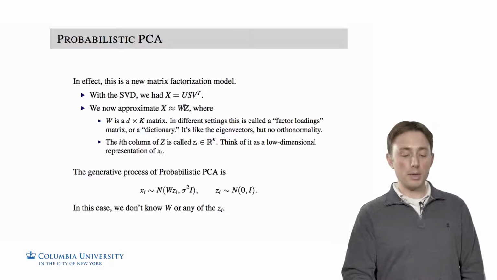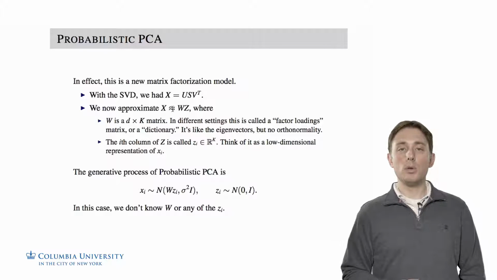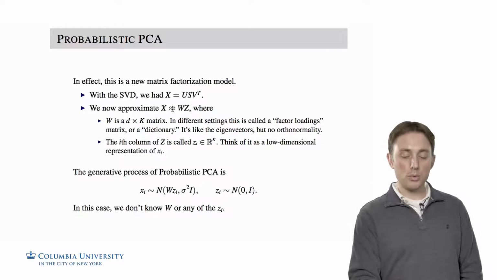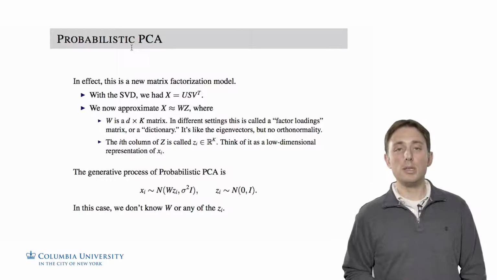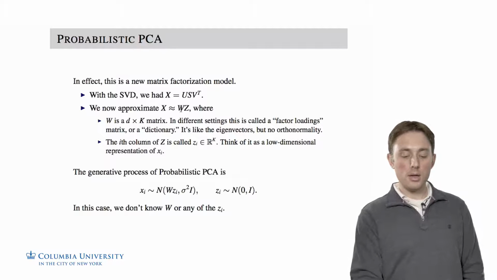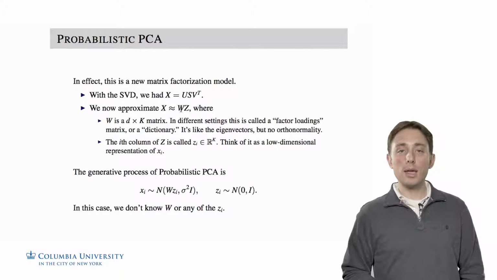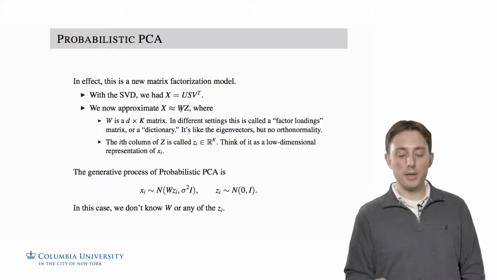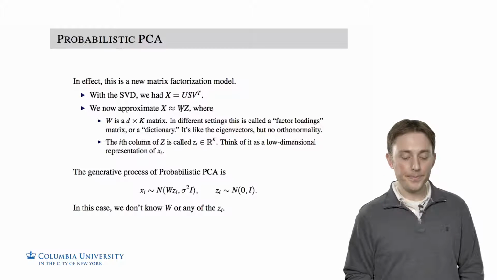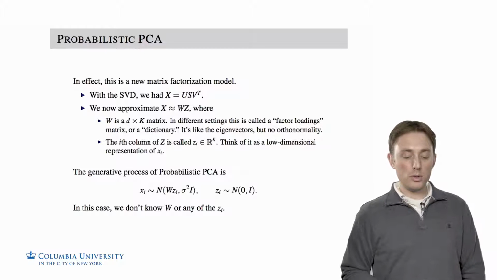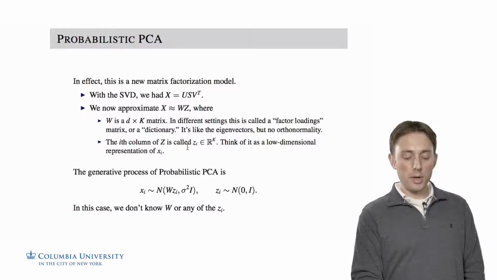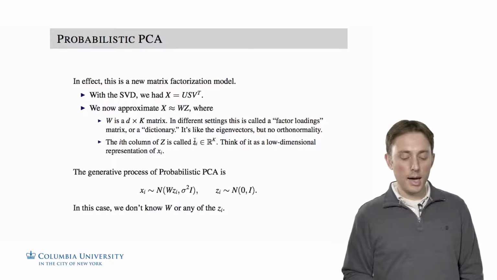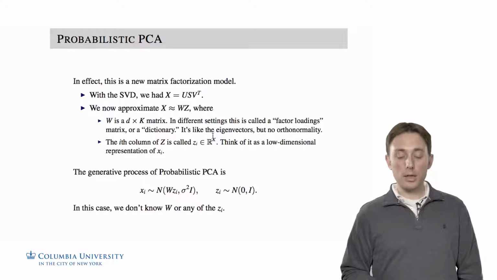However, we're also going to relax the constraint that W has to be orthonormal. That's a crucial difference between probabilistic PCA and regular PCA. The columns don't have to have unit length, and they don't have to be orthogonal to each other. That's a significant relaxation we're going to make. Also, the matrix Z now has vectors in it, z_i along the ith column of Z, where each one is in R^k.